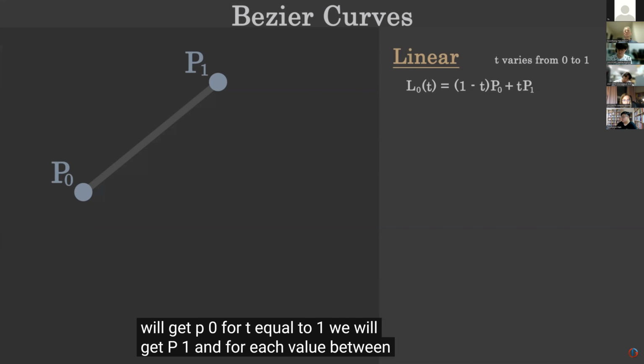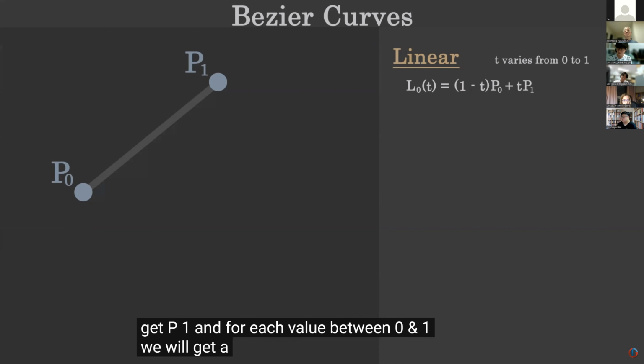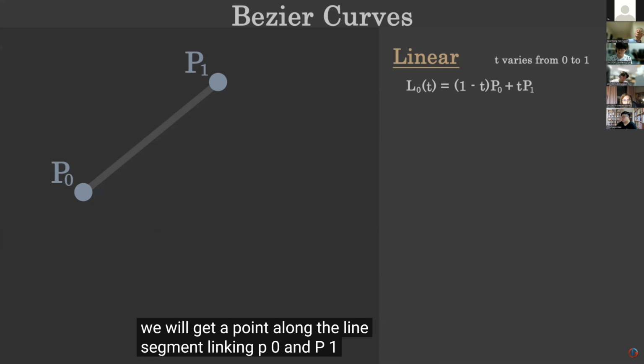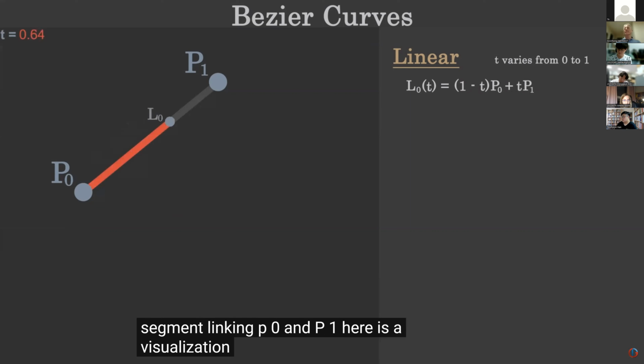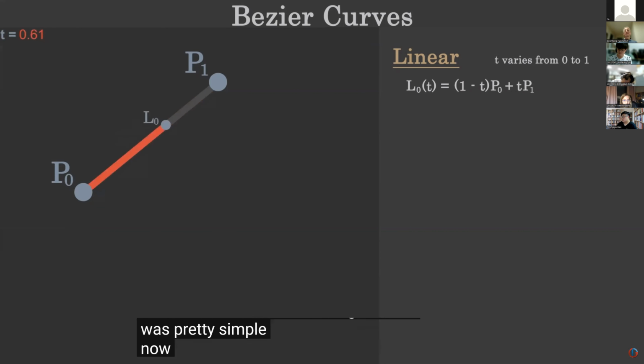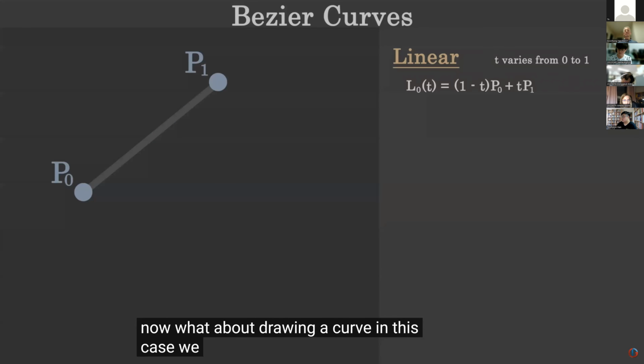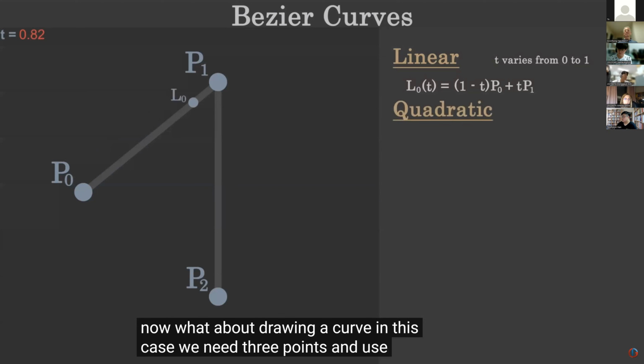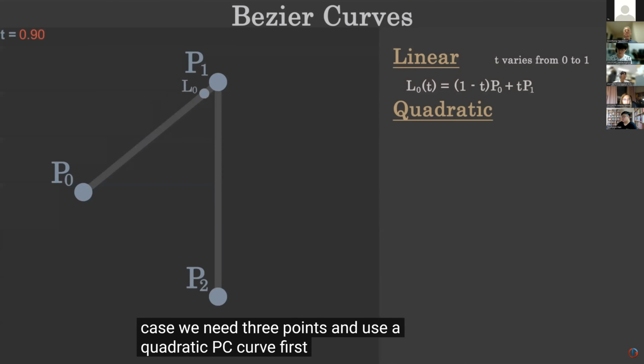And for each value between 0 and 1, we will get a point along the line segment linking P0 and P1. Here is a visualization of how it works. Great, that was pretty simple. Now, what about drawing a curve? In this case, we need 3 points and use a quadratic Bezier curve.